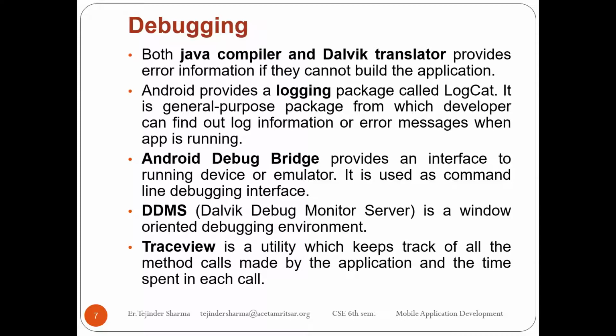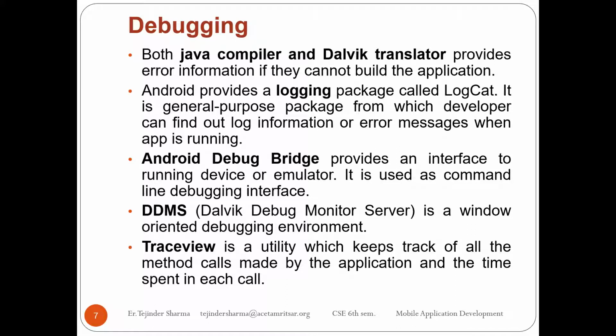That is, whenever you press the play button of the Android device in your Android Studio, then Android debug bridge starts communicating with the emulator. It is a command line debugging interface. See, when you do not get that screen in your Android Studio window or your emulator window, then ADB will raise an error: no emulator started, or emulator has an error.